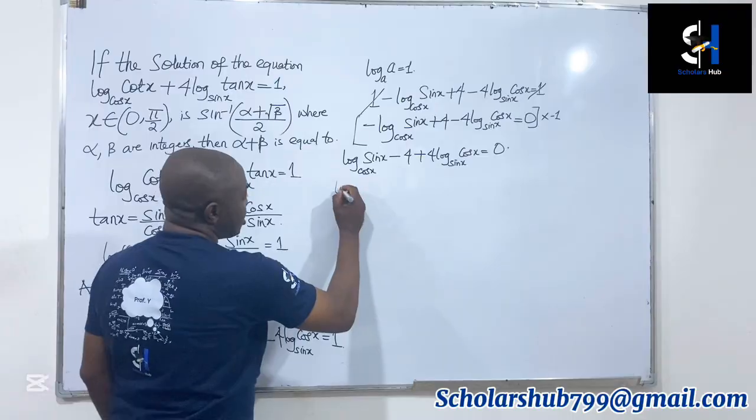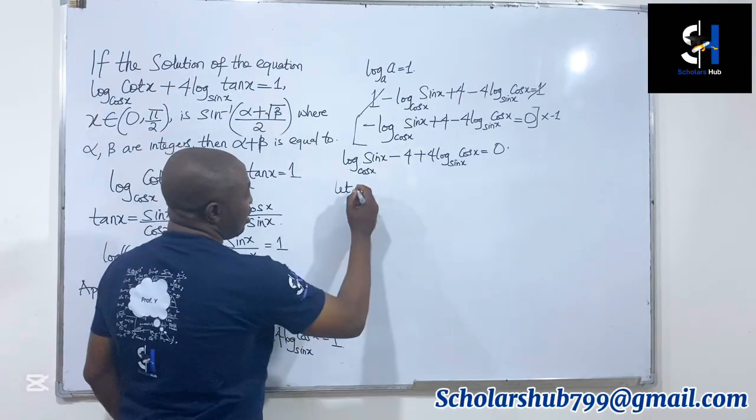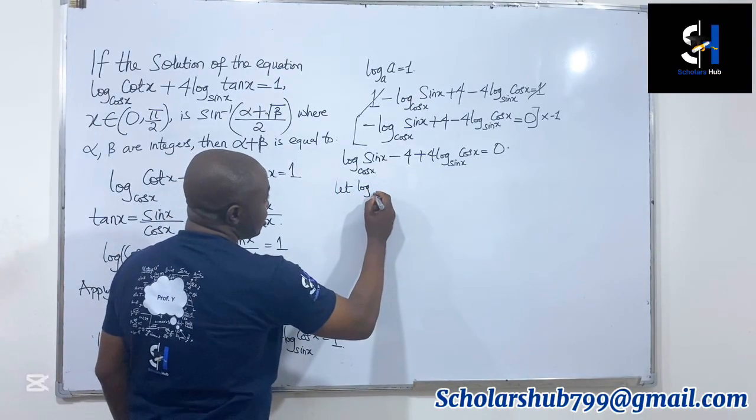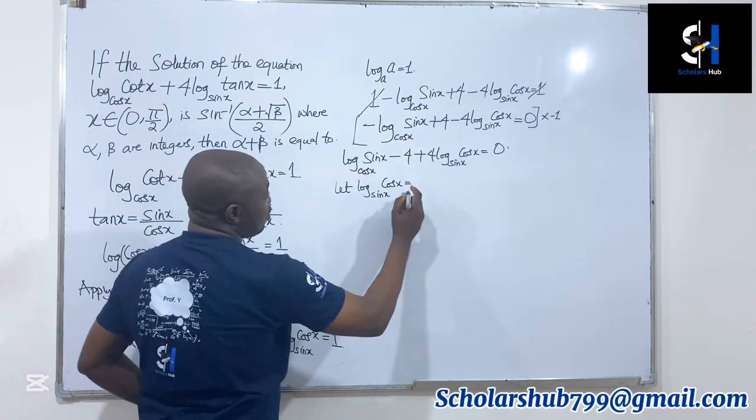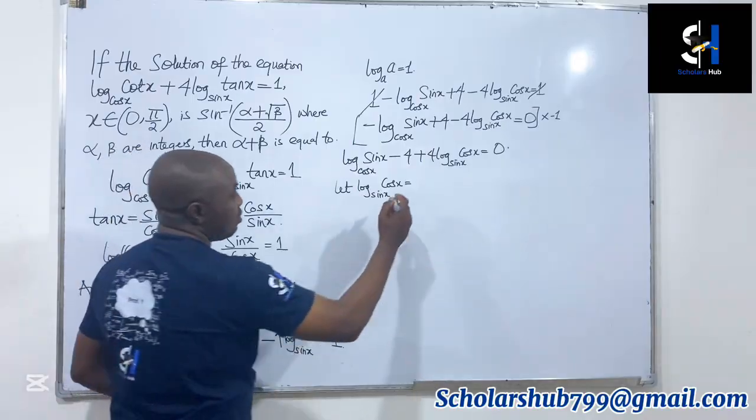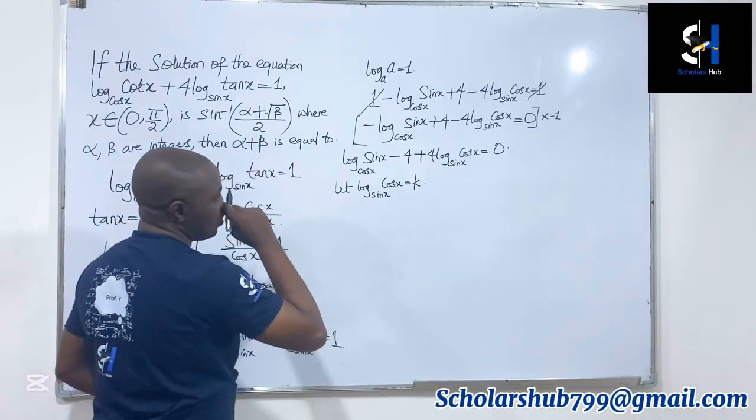So we can say let logarithm to base sin x of cos x be equal to k, choosing a letter from the alphabet.